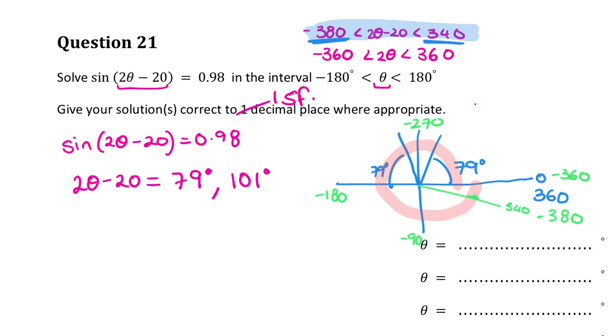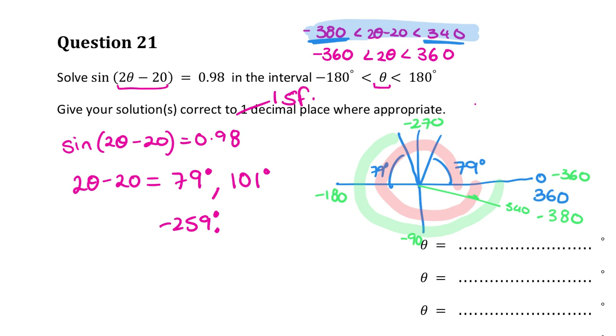So let's start at 0. I get to minus 90, nothing, minus 180, nothing. I get to here. It's our first one. So this is minus 180 minus 79. So minus 180 minus 79 is going to give me minus 259 degrees. Okay?